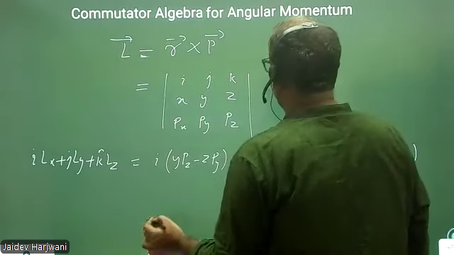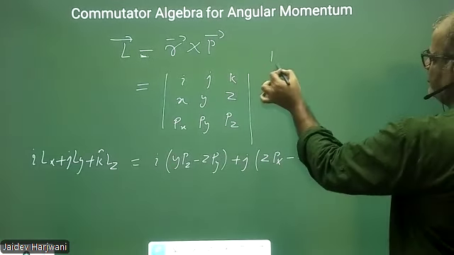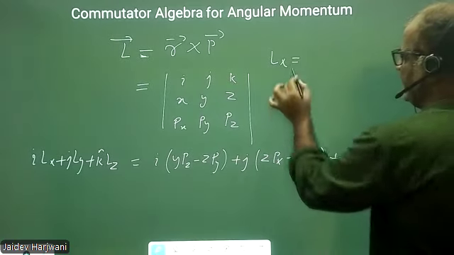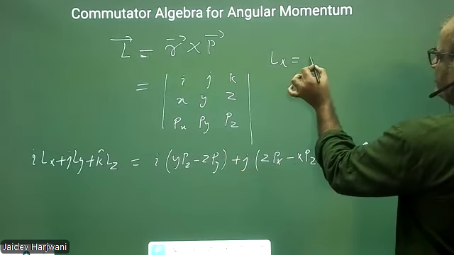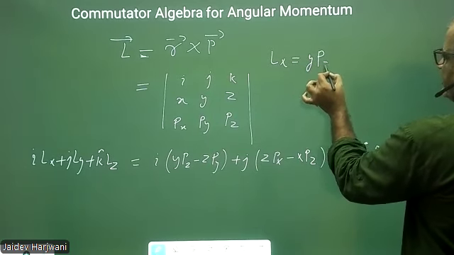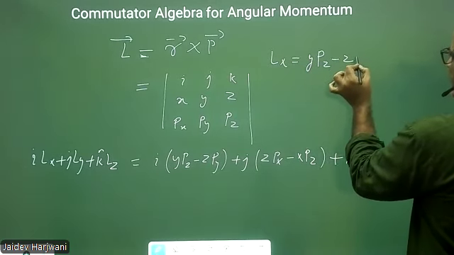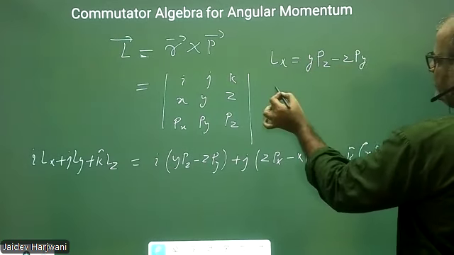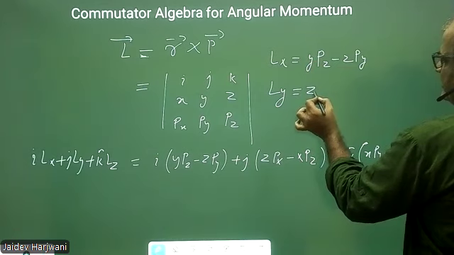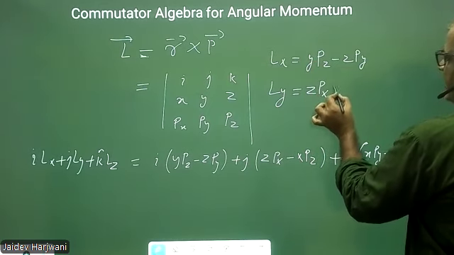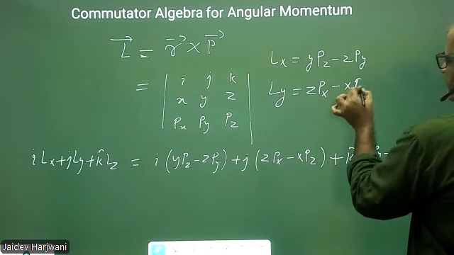So you can now write the Lx value. If you want to write Lx, you have x here. After x, y should come, and then z should come, and then again you write z py. Similarly, if you want to write Ly, after y, z should come, and after z, x should come, and again you write x pz.